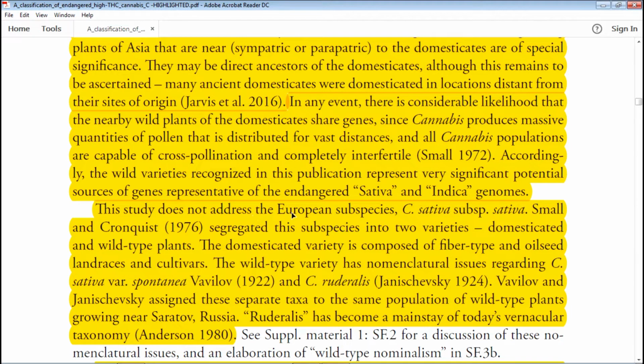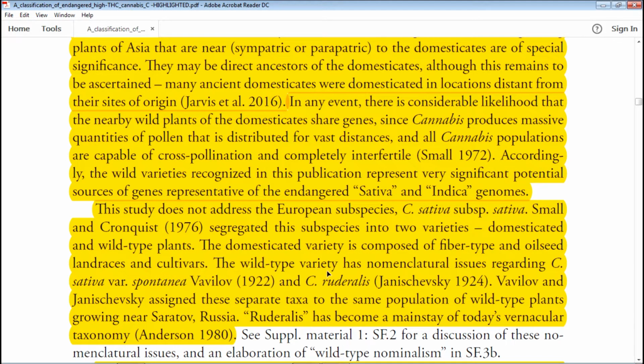This study does not address the European subspecies Cannabis sativa, subspecies sativa. Small and Cronquist, 1976, segregated this subspecies into two varieties, domesticated and wild-type plants. The domesticated variety is composed of fiber-type and oilseed landraces and cultivars.